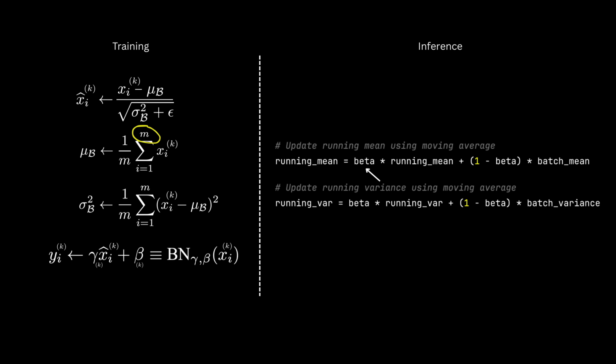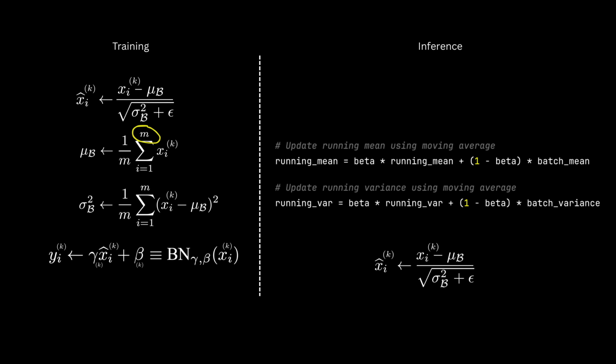Beta is a hyperparameter that decides the weight that is placed on values seen in the past. In practice, a high value like 0.9 or 0.99 is used, which means larger weight is placed on values that we have seen in the past, and lower weight is placed on values that we are seeing now in the current batch. For a large number of steps, the running stats should get closer to the population statistics.